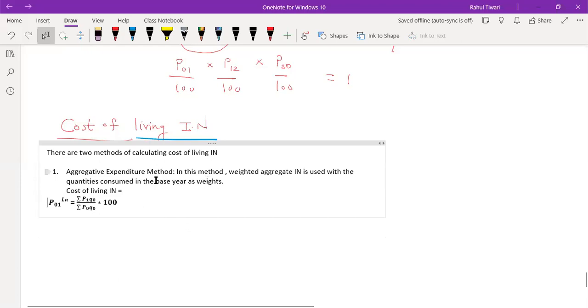It is the base year quantity, that means Q0.